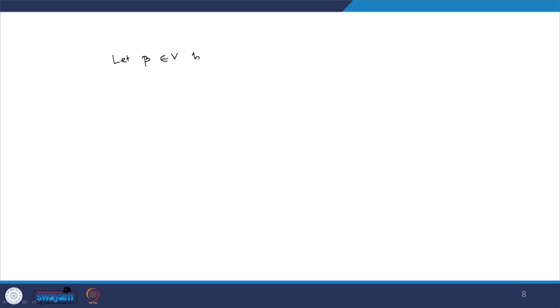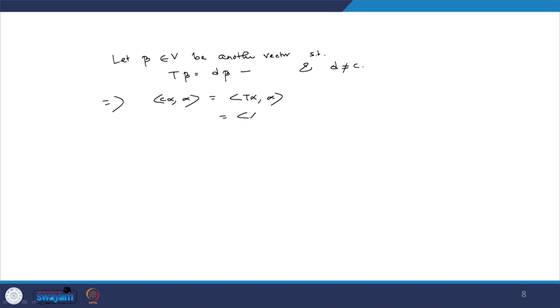Let beta belonging to V be another vector such that T of beta equal to D times beta and D not equal to C. So, this implies inner product of C alpha beta, which is equal to inner product of T alpha beta, which is equal to inner product of alpha, T star beta.